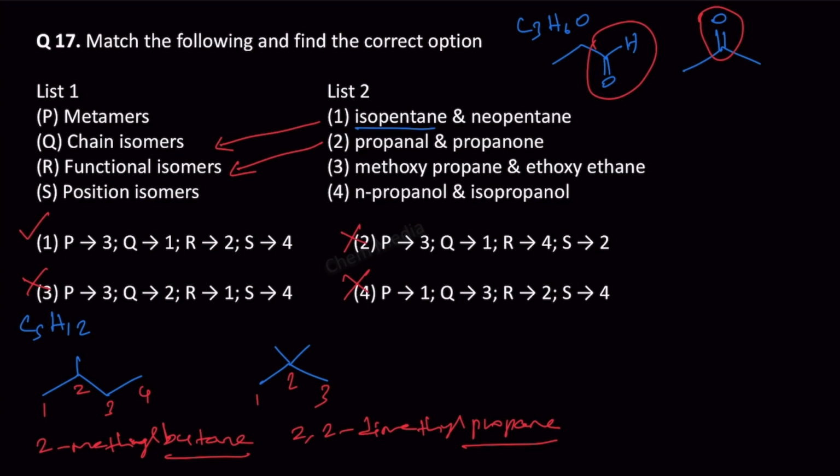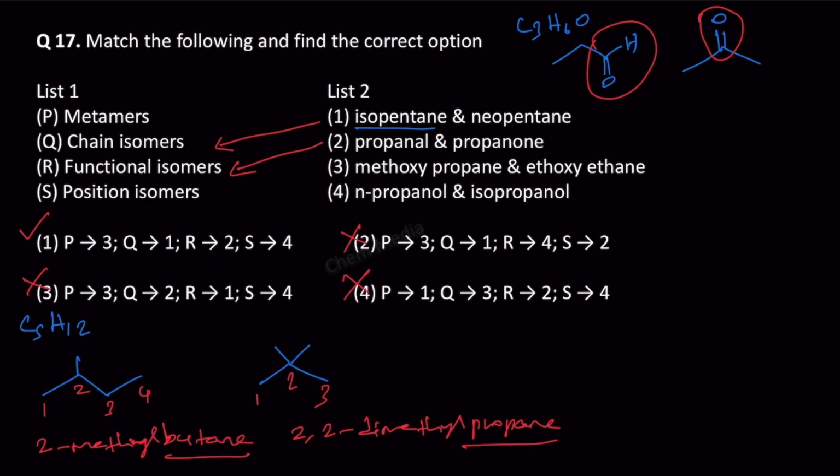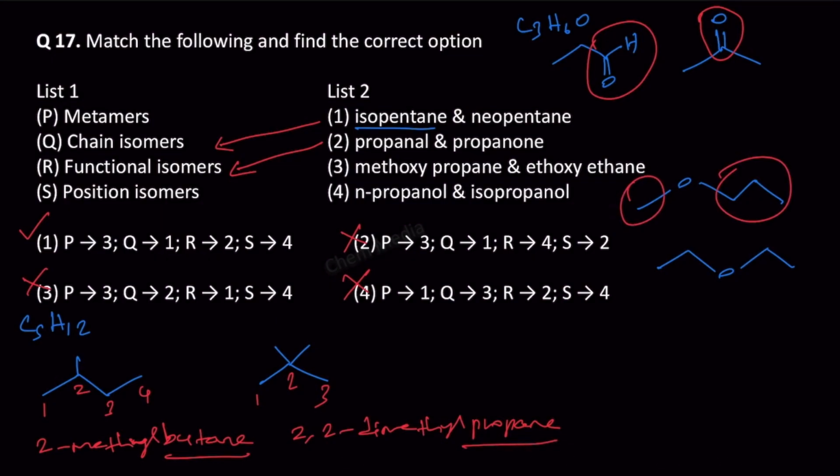For the sake of completeness, let's check the other two also. Methoxypropane, and that is CH3O and then CH2, CH2, CH3. That is methoxypropane. And then ethoxyethane, that is CH3, CH2O and then CH2, CH3. We have different alkyl groups, and therefore these two are metamers.